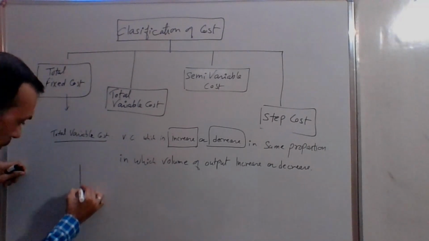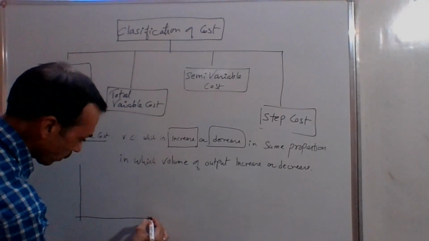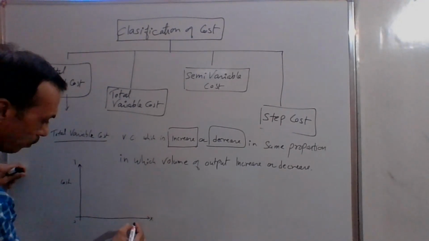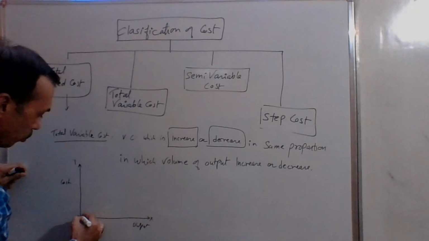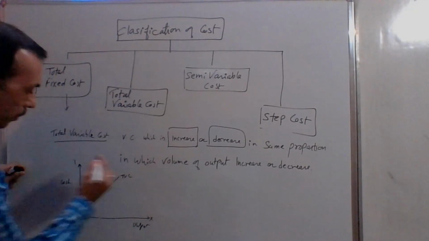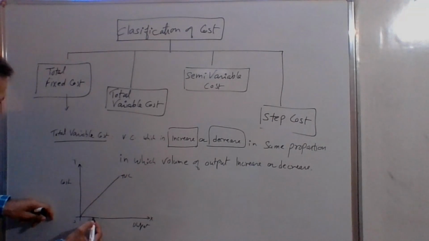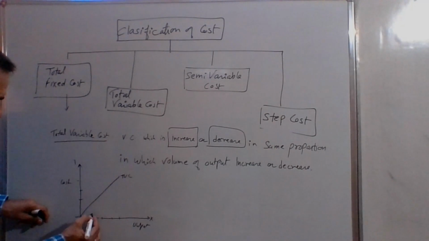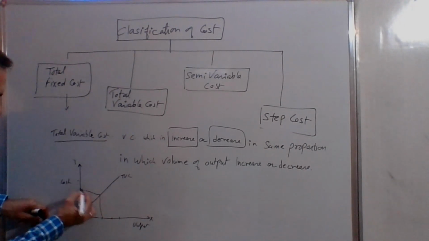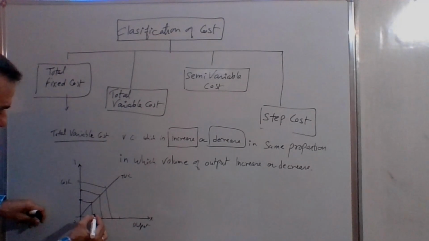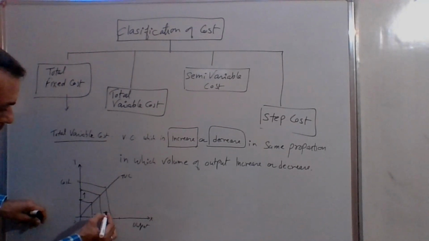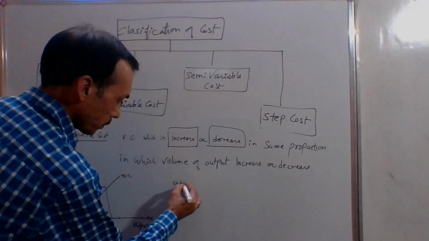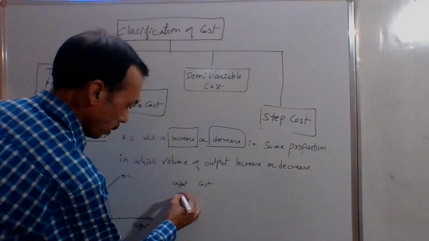So, the variable cost goes like this. On the y-axis we take the cost, x is the output, and this goes like this: total variable cost. When the output is 0, cost is 0. As the output increases, the variable cost also increases proportionally.